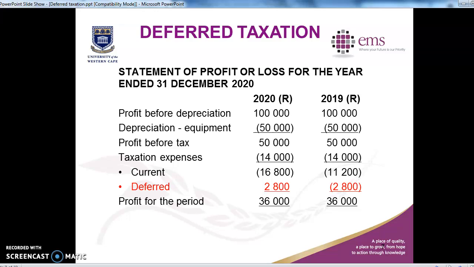All right? And so then, if we look over here now, after we've done the deferred tax adjustment, our profit for the period is 36,000 in both years, right? And so again, as I've mentioned previously, the method that we've done in the Excel sheet, and the one that we've done now, is the income statement method.